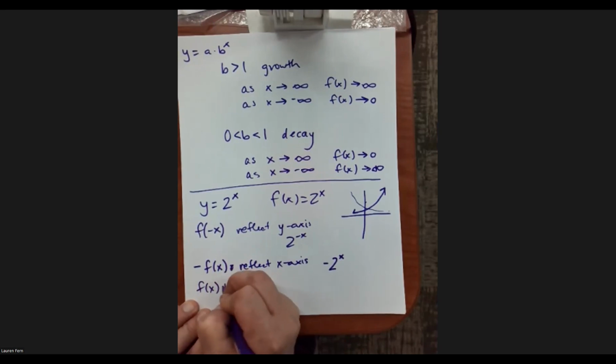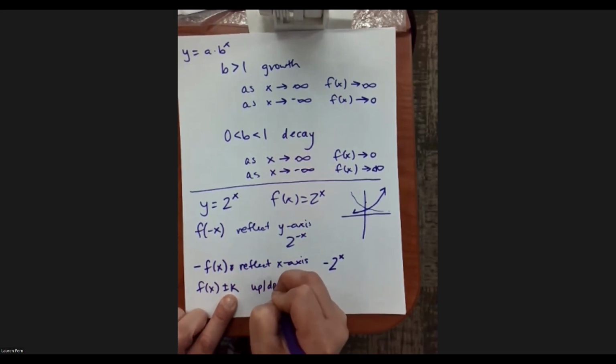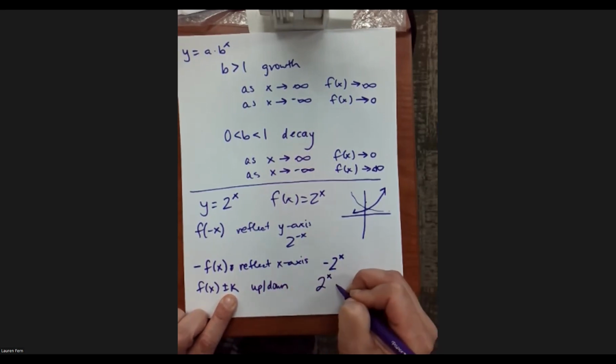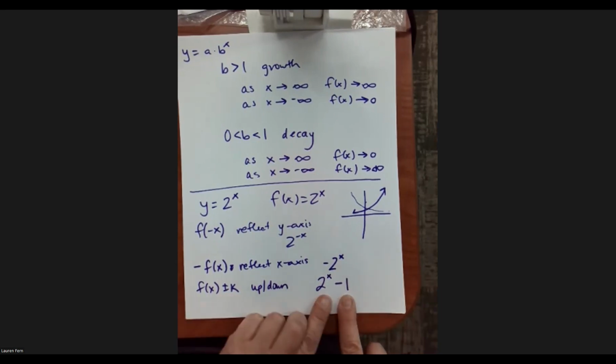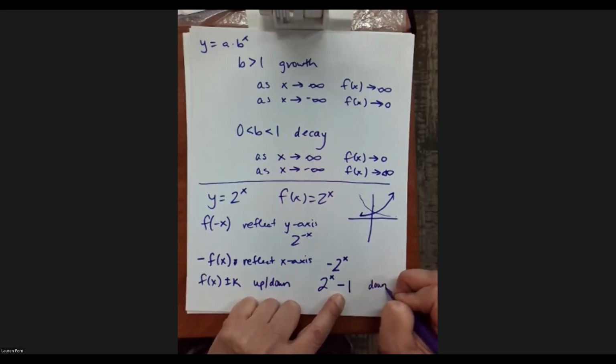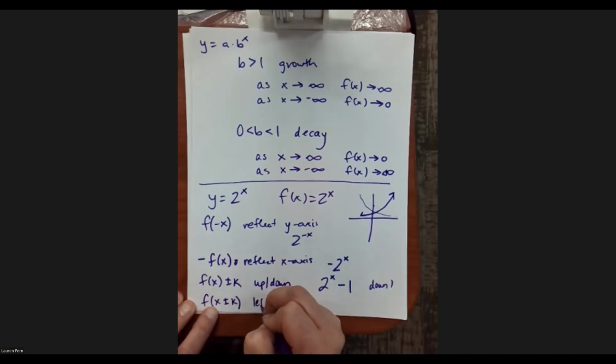We also saw that if we add and subtract a number after the function, we move it up and down. So for example, 2 to the x minus 1 here, doesn't this just take our general graph of 2 to the x and then we go down 1? Do you remember these? And f of x plus or minus in parentheses, that goes left or right.